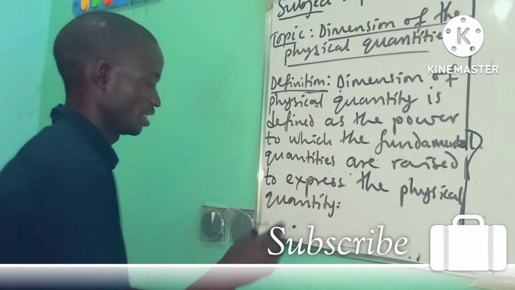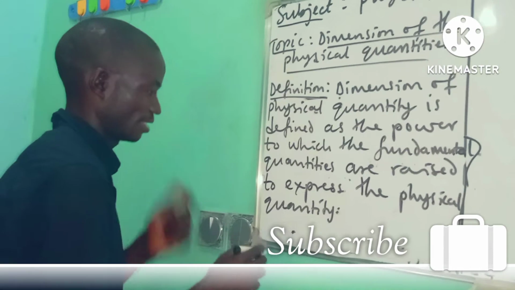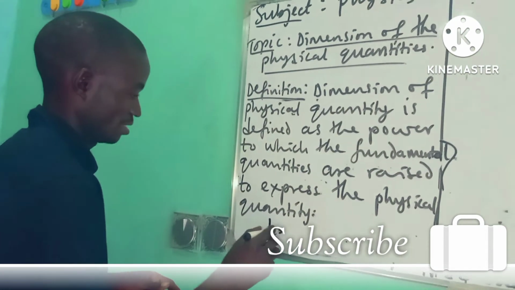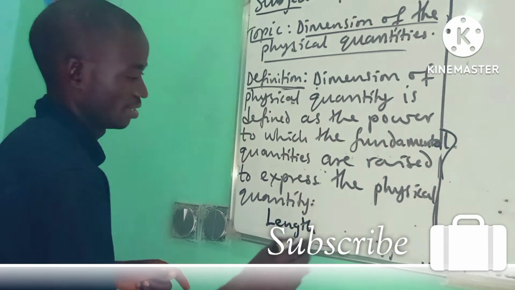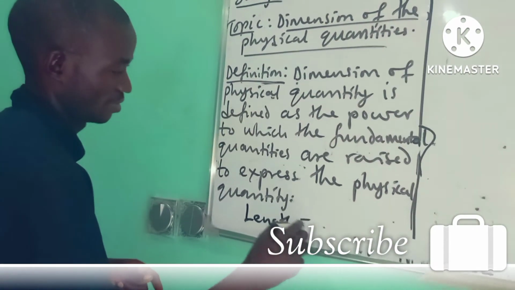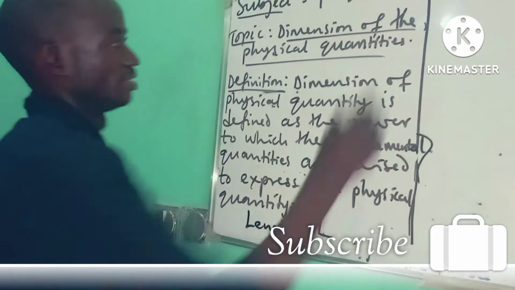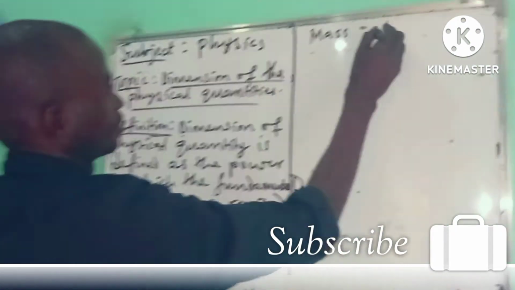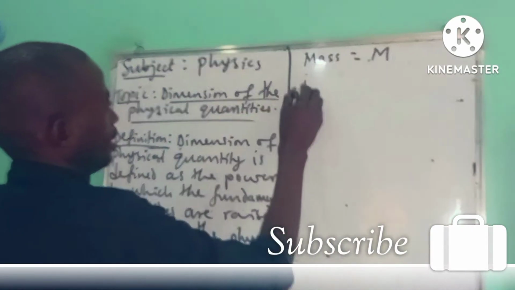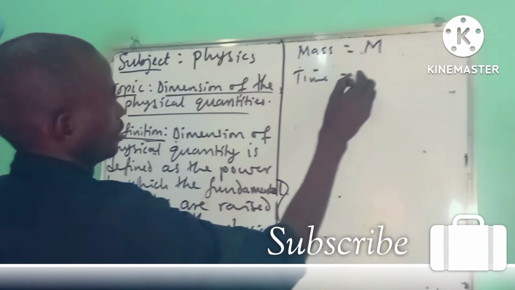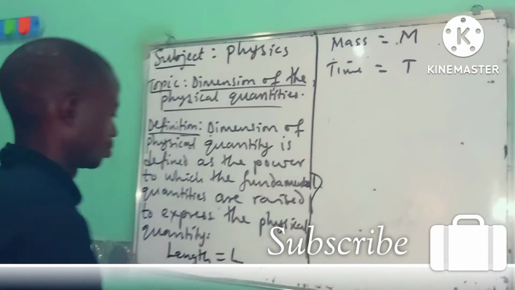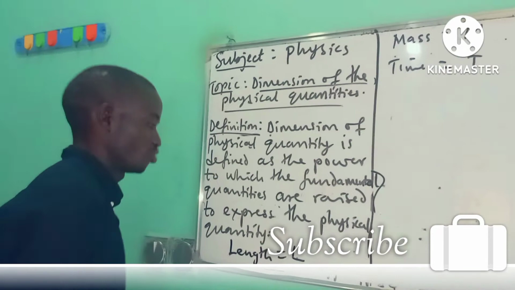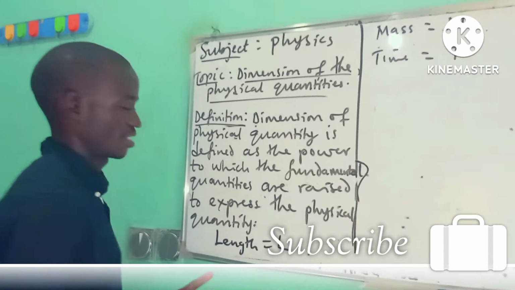So to begin with, we are going to consider length, which can be written as capital letter L, and mass can be written as capital letter M, and then time can be written as capital letter T. So this length, mass, time is expected to be enclosed in a square bracket like this.